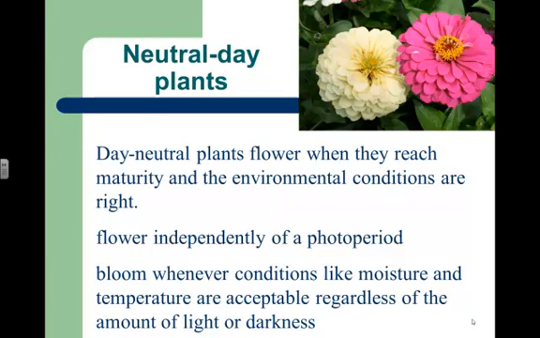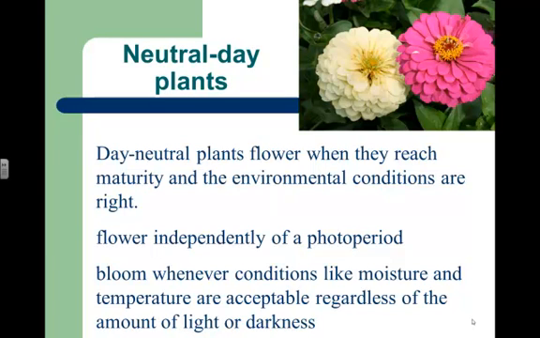Now neutral day or day neutral plants, they could care less about the duration of light. It does not matter to them how many hours of sunlight we have or darkness, but something else does matter to them. So day-neutral plants flower when they reach maturity and the environmental conditions are right. Environmental conditions meaning other than sunlight and darkness.